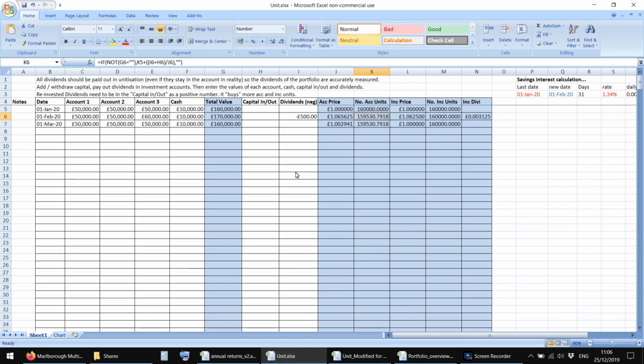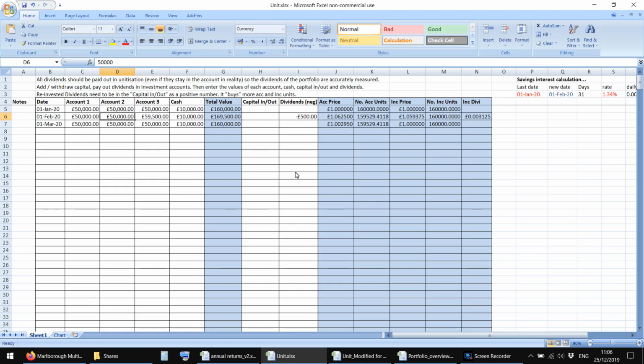And as you can see, what happens there is the price of the accumulation unit has actually gone up, because no money's left here, has it? We've taken £500 out. So if the value of the portfolio had stayed the same, like it was a few seconds ago, the account would actually lose £500.